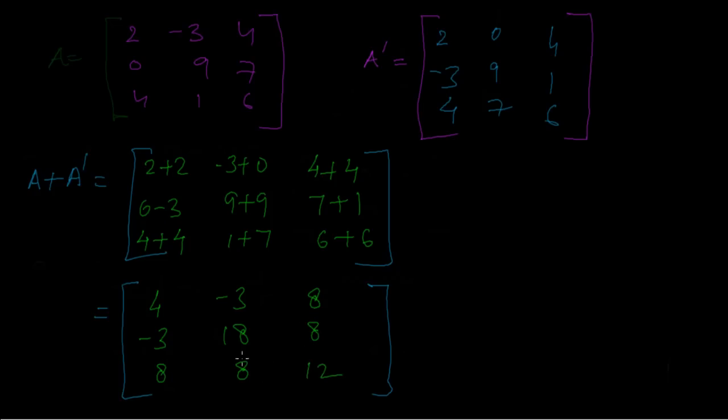You see that this matrix is symmetric about the diagonal: minus 3, minus 3, and 8, 8, 8, 8. So it is a symmetric matrix. If you make the transpose of this, you get the same A plus A transpose.